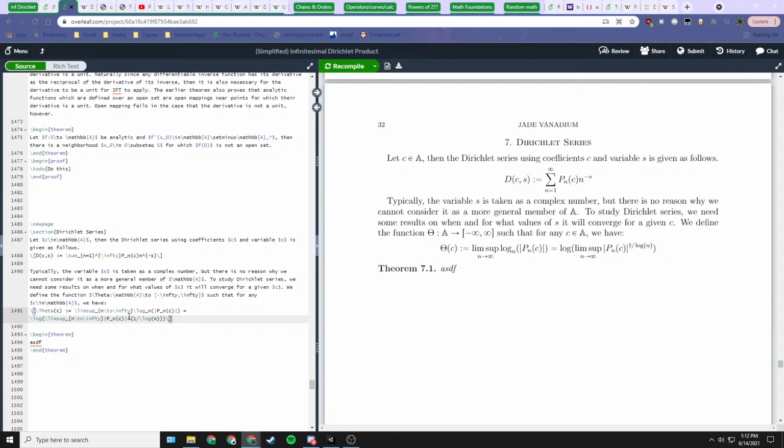We could also equivalently do something like e to the power of n, if we did a change of coordinates for n going to the exponential of n.